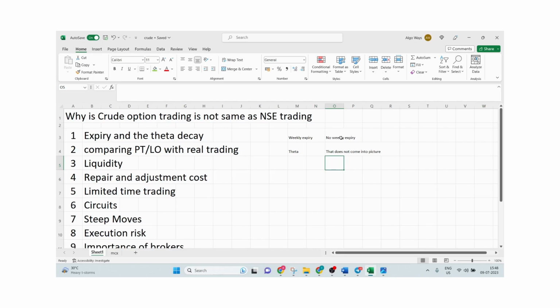In MCX, we cannot be as free or as flexible in terms of adjustments or repairs, because each and every repair will cost us. In Nifty, we can have 10 repairs in a strategy. In MCX, if we want to develop a similar kind of strategy and we want to have 10 repairs, it will cost us around 1000 rupees to 1500 rupees in case of crude oil and NG.